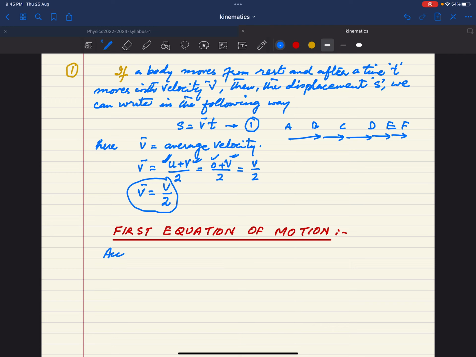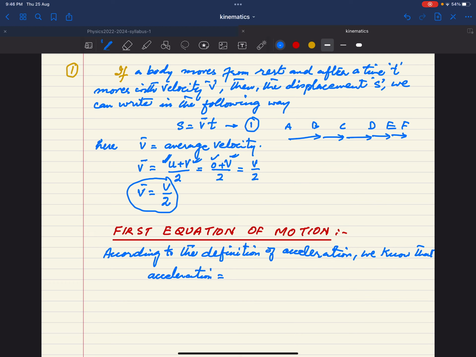According to the definition of acceleration, we know that acceleration is equal to the rate of change of velocity.